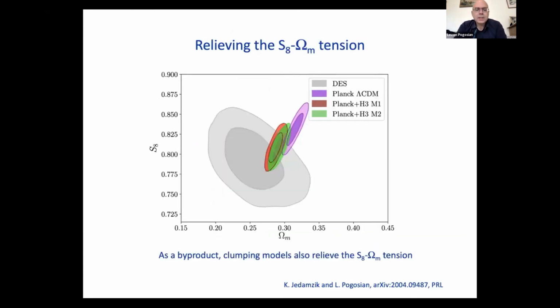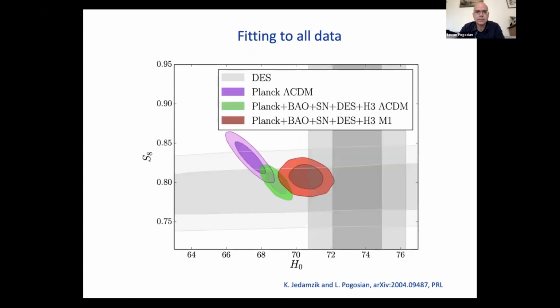As a byproduct, this also relieves the S8 omega matter tension. And that's because the physical matter density, omega_m h squared, stays the same, but h gets larger. And so as a result, you relieve the tension.